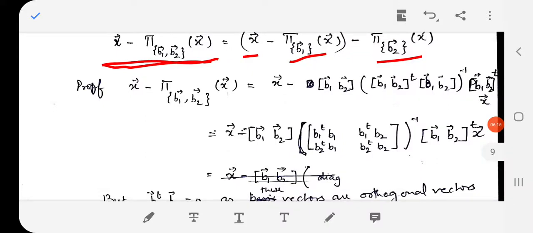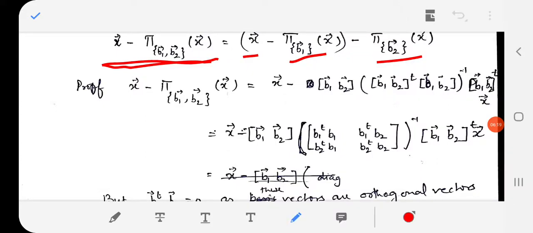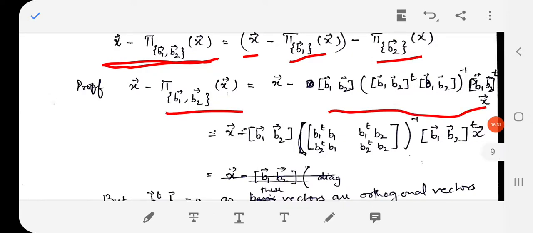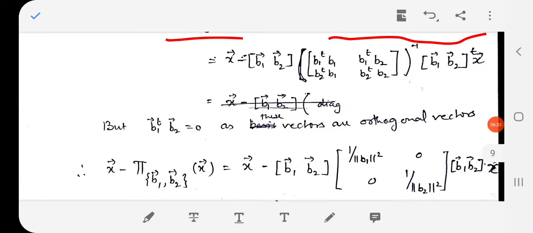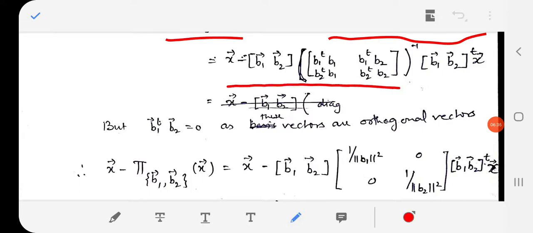So here we have the projection matrix or the projection function. Now the projection function, with the formula, you can expand it this way, right? If you further simplify, you will reach here. But since b1 and b2 are orthogonal, this comes out to be 0, right? This comes out to be 0.